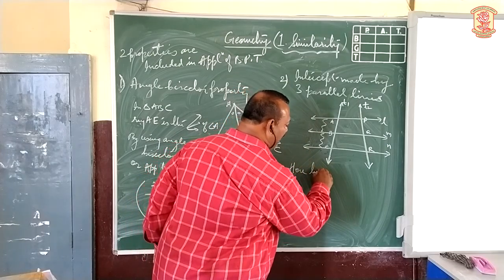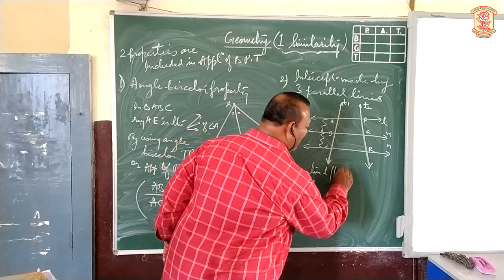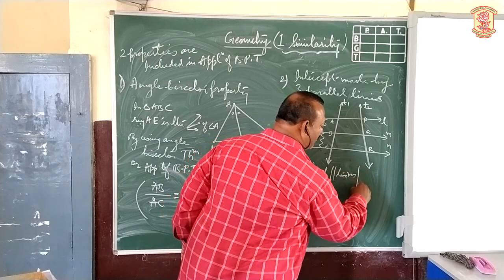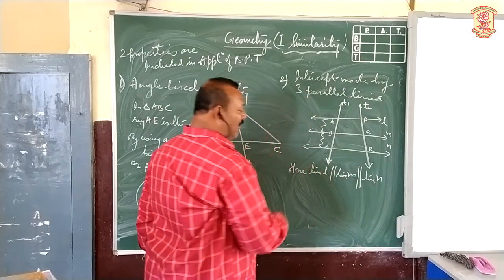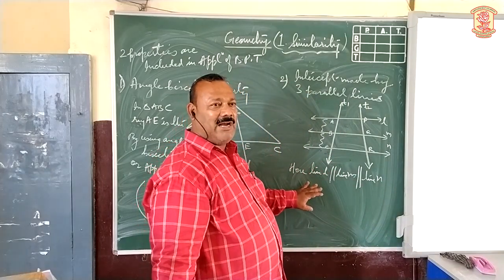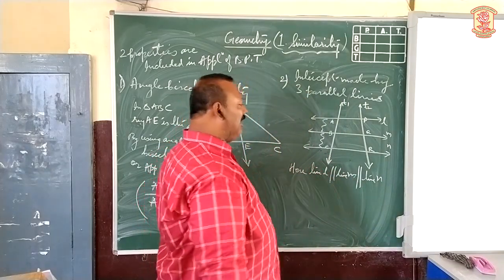Here, line L should be parallel to line M, and also parallel to line N. This is the compulsory condition required. The three lines should be parallel to each other.